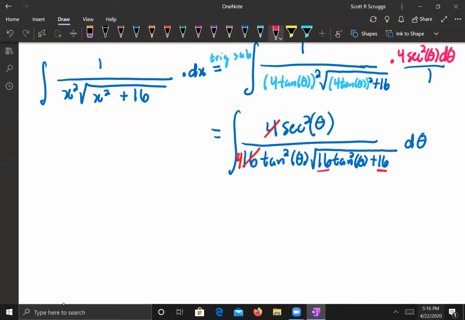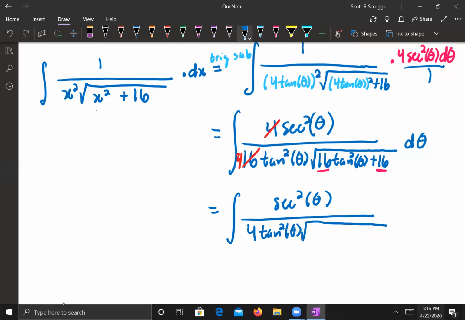Next thing I notice is within my square root, I have a common factor of 16, which means I can factor out a 16 to give me the integral of secant squared of theta divided by 4 times tangent squared of theta, square root of 16 times tangent squared of theta plus 1, and a d theta over there.